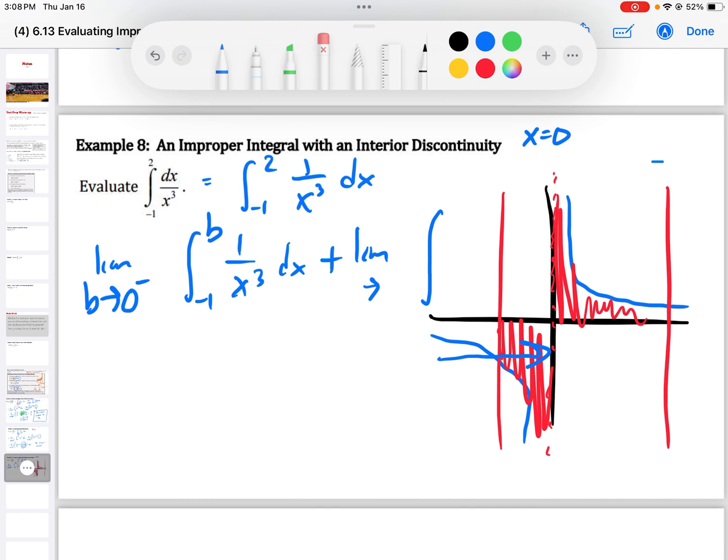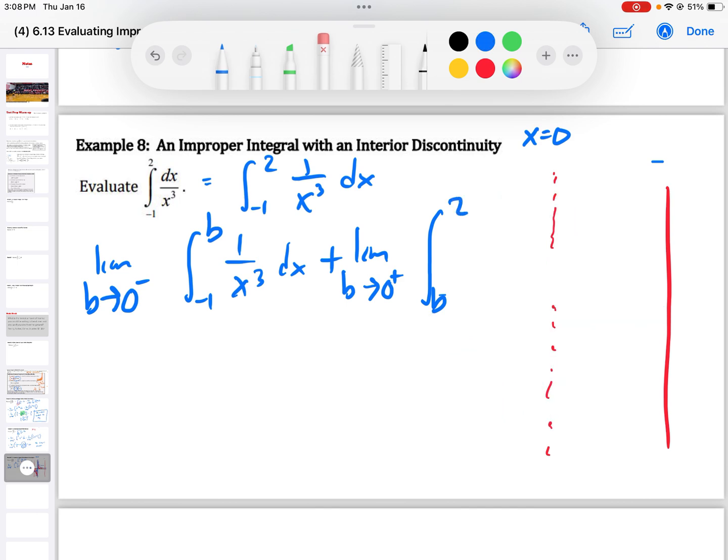Let's see, what did the notes say? It calls it the same one, so I'll call it the same thing. As b approaches 0, but this one is from the right, because b is our lower limit of integration, and I'm going to get to 0 from the right, all the way up to 2, of 1 over x cubed dx.